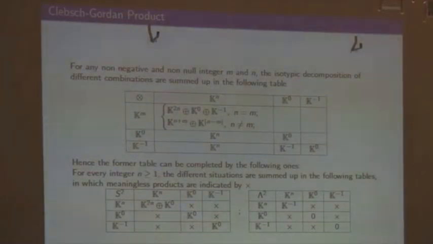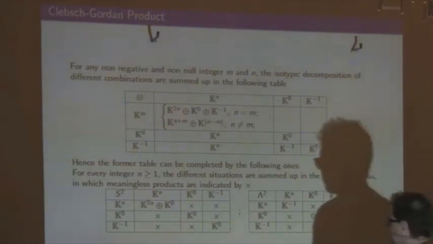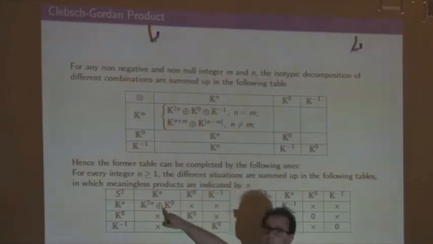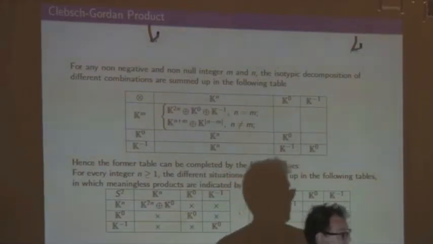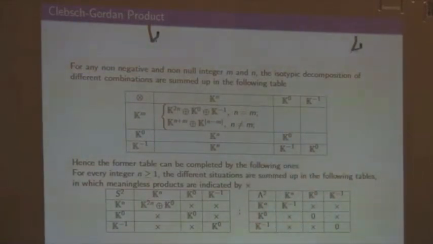This can be written that way because K1 is the space of vectors, so I have to use the rule for the symmetric tensor product of K1. Okay, the answer is you get K2 plus K0. And what is the meaning of that?